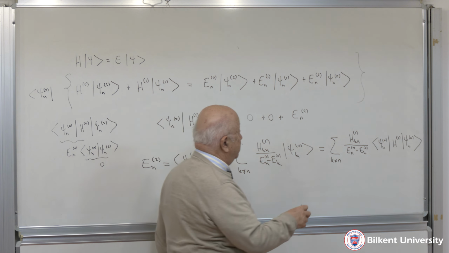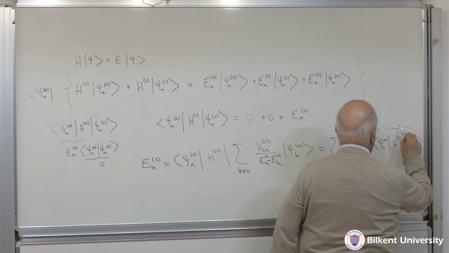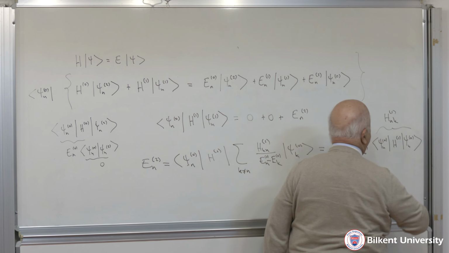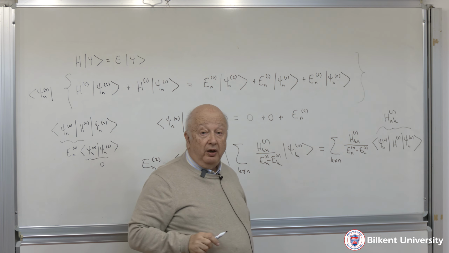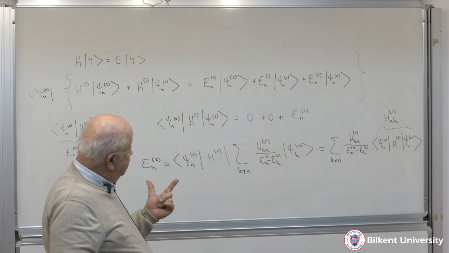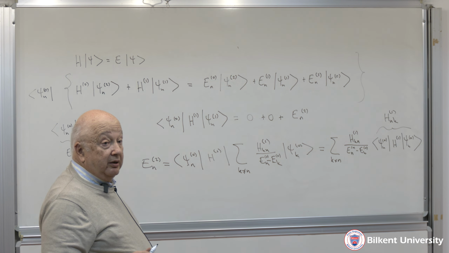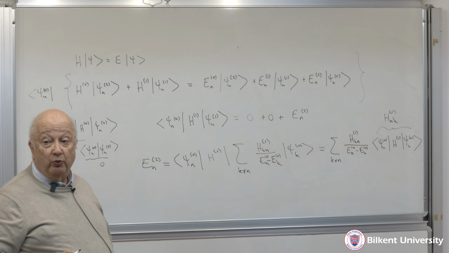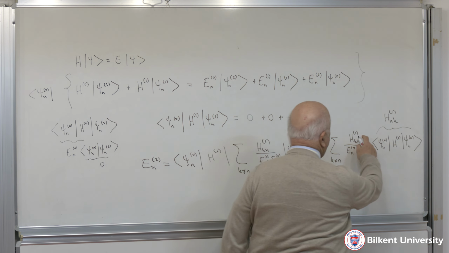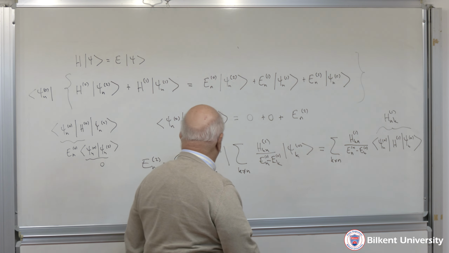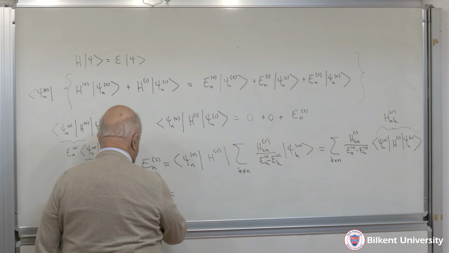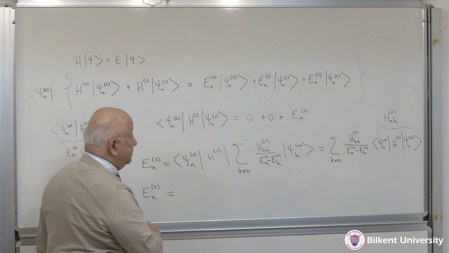So I get another matrix element, which is going to be HNK of the first order object. Now, HKN and HNK are Hermitian adjoints, complex conjugates of one another. So their product is just going to be the magnitude squared of this. So we'll get, as a result, let me put it one more time so that we can put it in a box.